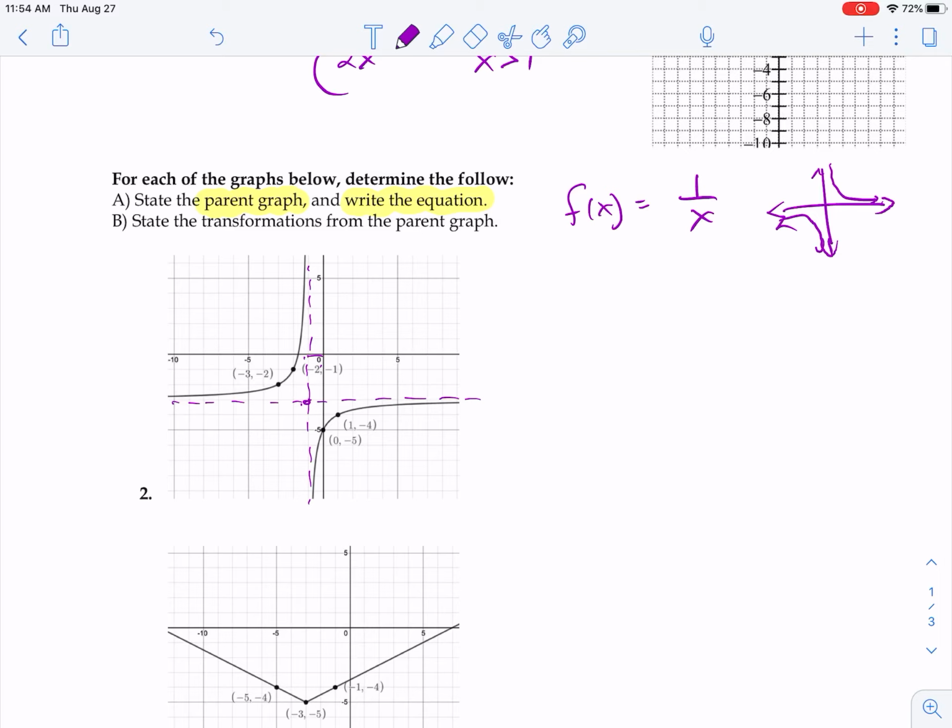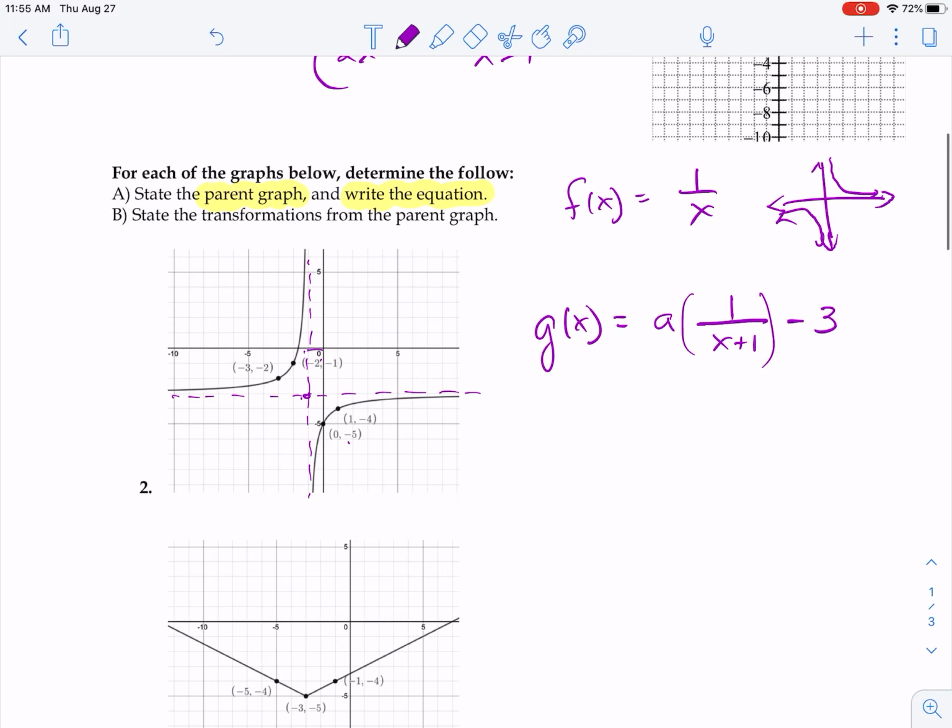All right, so my new function with its transformations, I know it went over 1, so that's x plus 1, and it went down 3. And I don't know if it's been stretched or not, so I'm going to put my a in here. So it's a times that. And I'm going to plug these points in and see if I can calculate a. So if I plug in negative 4 for y, this is a over 1 plus 1, minus 3.